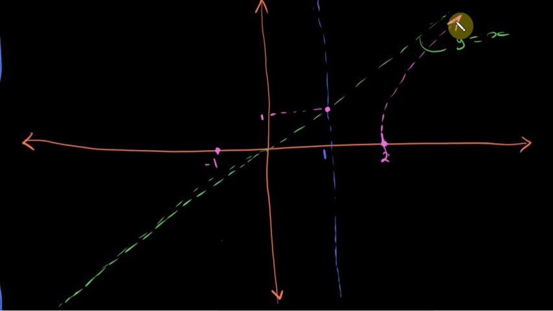It will approach the asymptote y equals x as x approaches infinity, and it will also approach the vertical asymptote but never really touch it. So, a rough sketch of the graph will be something like this.